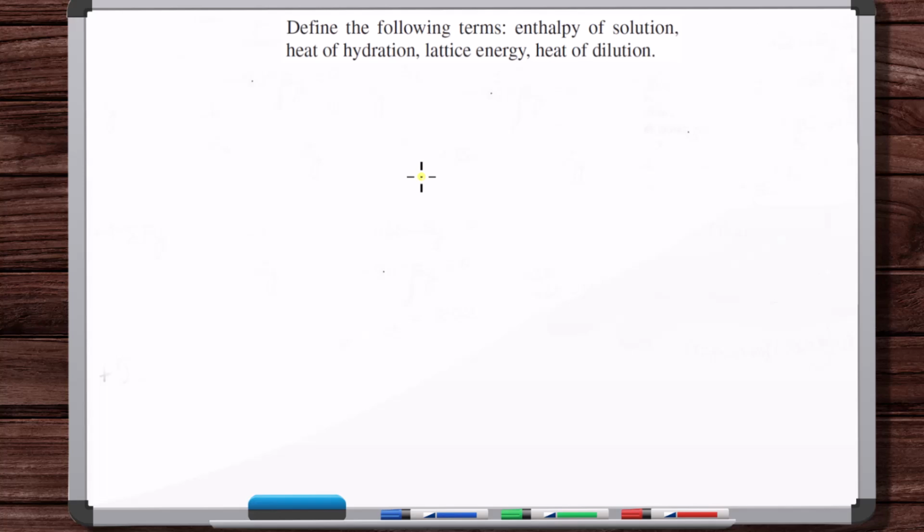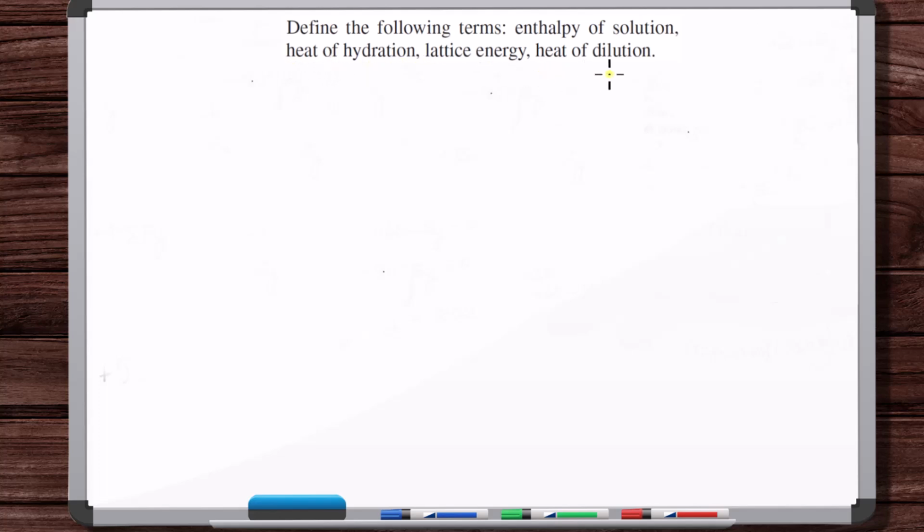So you think about going from solid to gaseous. In the gaseous state, you've got ions on their own all over the place, right? That's the lattice energy. The heat of hydration is the enthalpy change associated with the hydration process, so the ions being surrounded by water molecules. And therefore, the enthalpy of solution is equal to the lattice energy plus the heat of hydration.